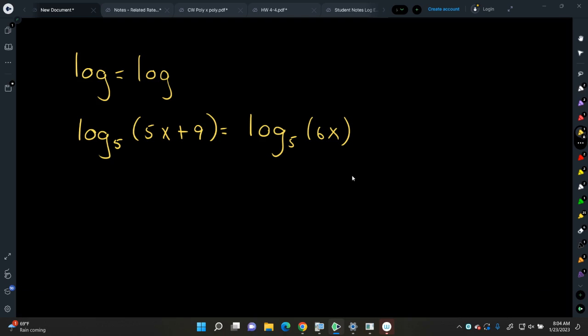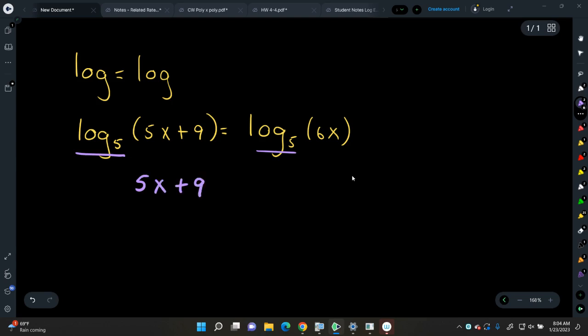Just like with the exponential equations, if we have the same log on both sides, and it's a single log on both sides with the same bases, then we can set the other part equal. So we can simply solve this. x equals 9.